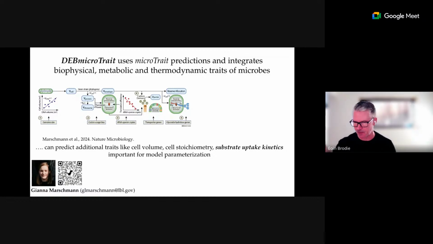Then we can infer how fast a microbe can import materials across its cell membrane. We have a cell volume, we have a cell surface area, we know how fast the cell grows, and we know what it's made of, or we can infer what it's made of. So now we have a requirement of a cell to import a certain amount of material to achieve a growth rate X over a period of time Y. That gives us the maximum flux rate through the cell, and we allocate transporter genes across the surface area of the cell.